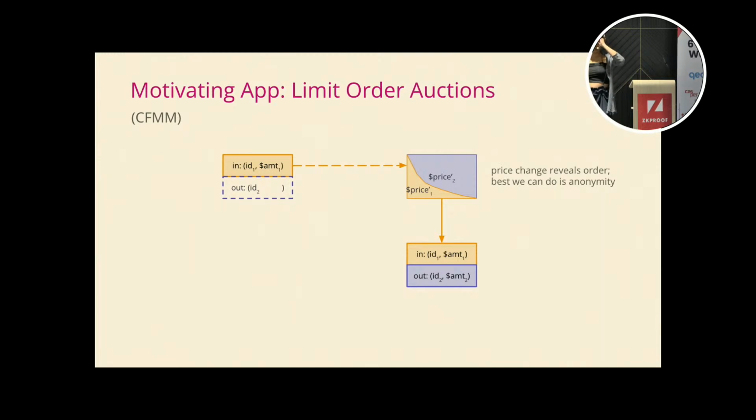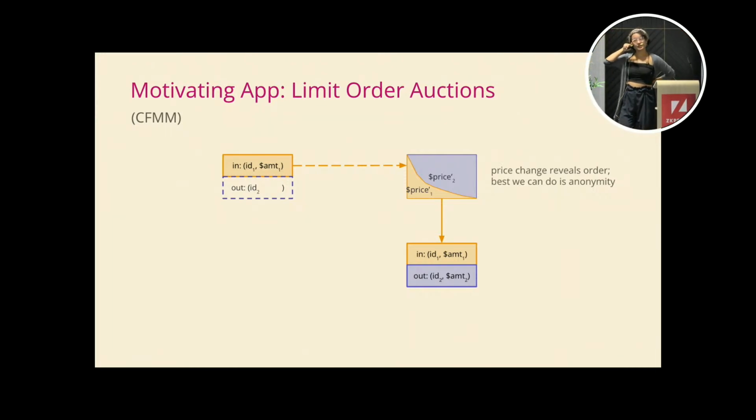So something to note here is that by looking at the changes in the liquidity pool, we can easily reverse engineer the details of the order. And so in a naive constant function market maker, there is really no way to make a confidential order. And the best we can do is an anonymous order.